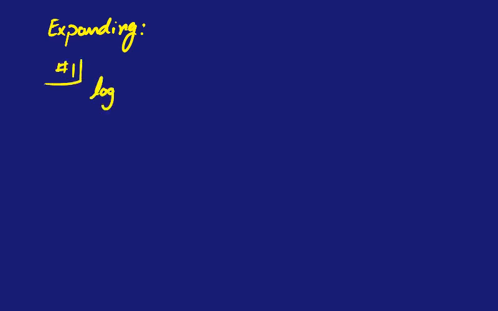Log base 6 of a times b to the third. So the first thing we're going to do is separate the a and the b to the third, because if you think about it, the a and the b are being multiplied, and this power of 3 right here is not on the a and the b, it's just on the b.